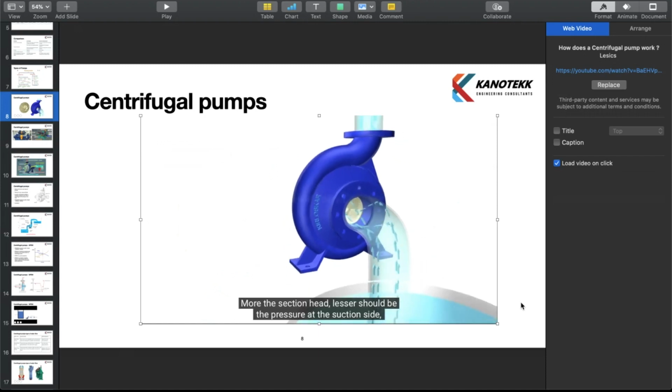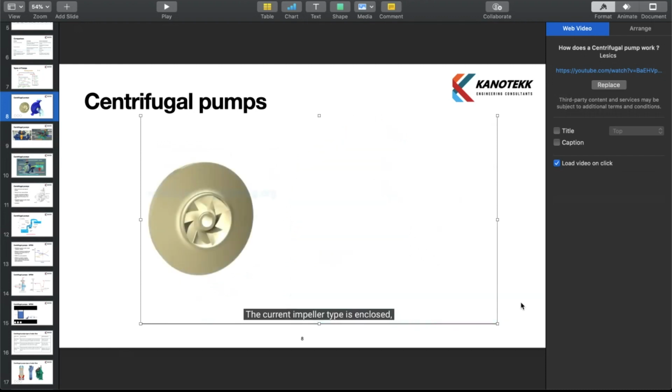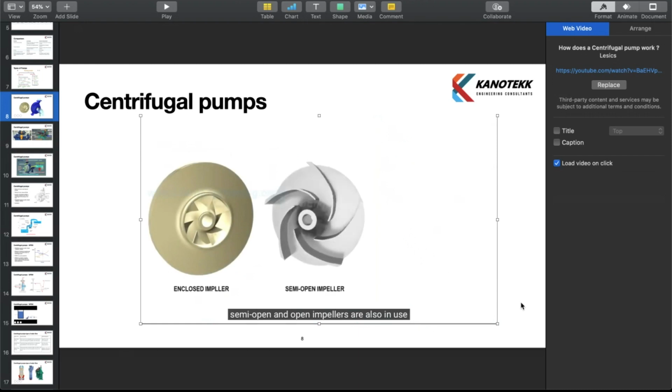The more the suction head, the lesser should be the pressure at the suction side to lift water. This fact puts a limit on the maximum suction head a pump can have. Careful pump selection is required to avoid the problem of cavitation. The current impeller type is enclosed. Semi-open and open impellers are also in use depending upon the application.